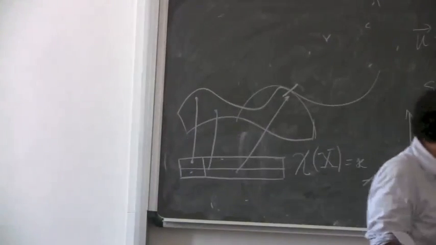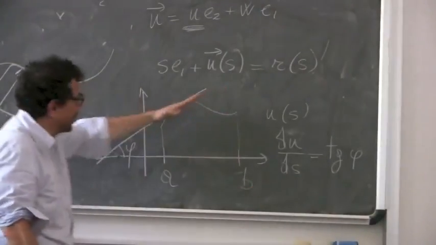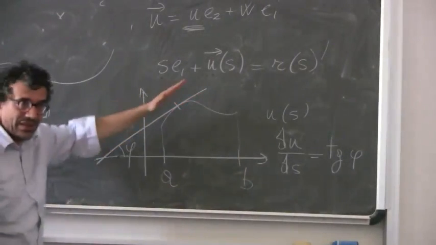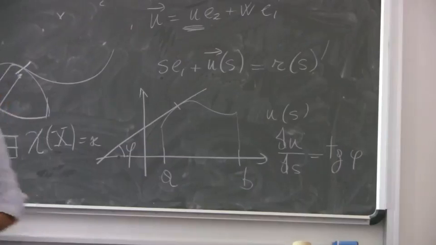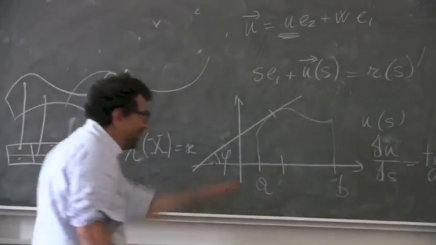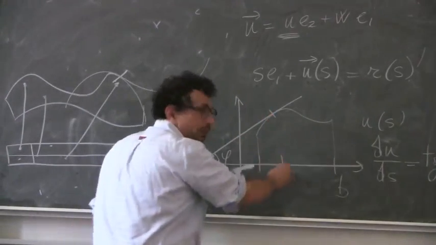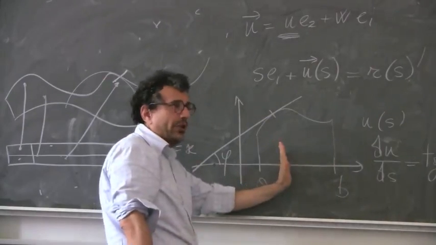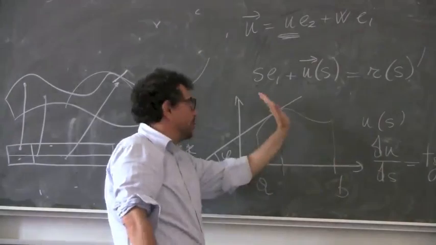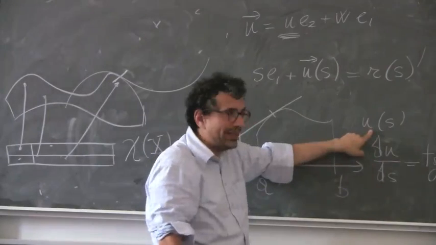Actually, tangent has been invented talking about tangent curves, tangent straight lines to a curve. Okay? So, if you want to know the angle of rotation of a section when you are passing from the reference configuration to the actual configuration, you calculate the derivative of u of s.